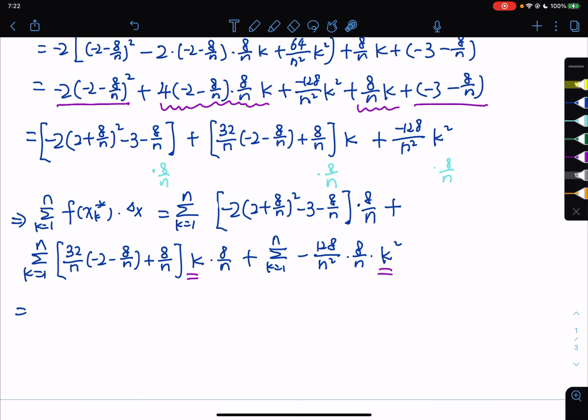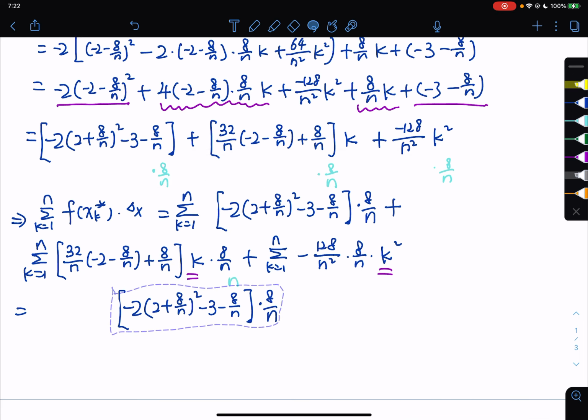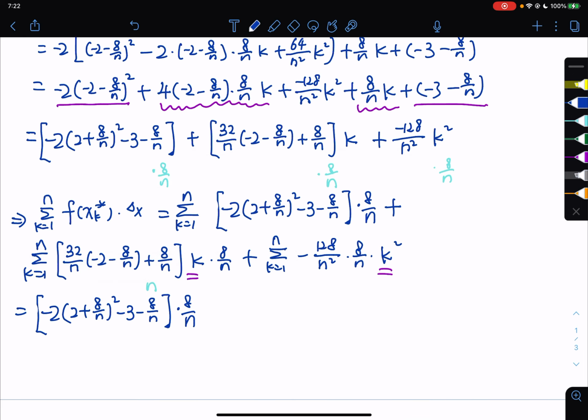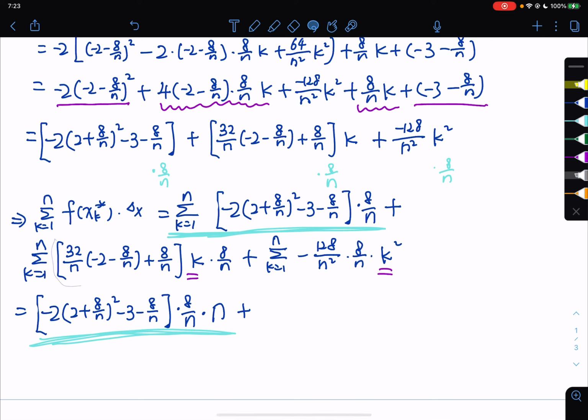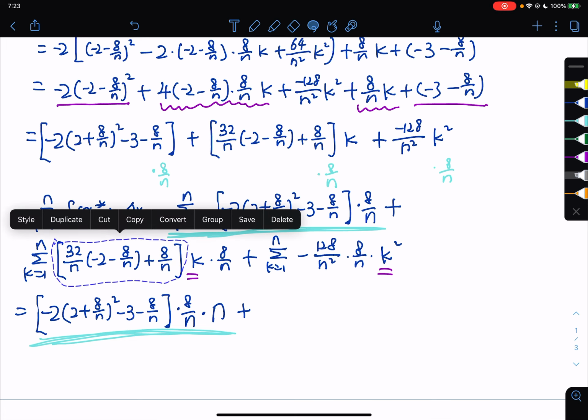And summation of all constant term is simply that term, which I'm copy pasting right now, is simply that term multiplied by n. Okay, so just to clarify, this expression, sigma summation of that, is the same as this. Okay, let's move on. The second part, like I said, we're moving the constant coefficient out.